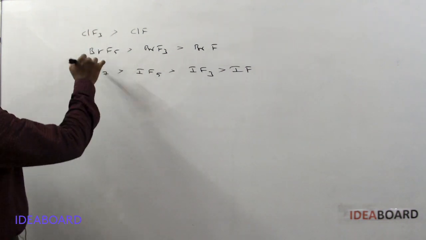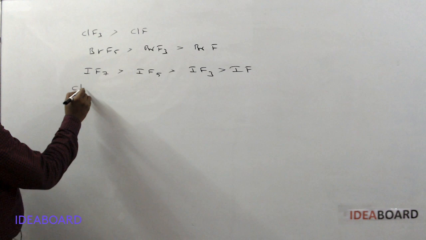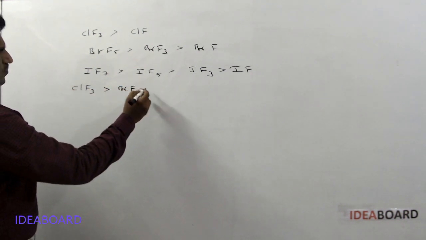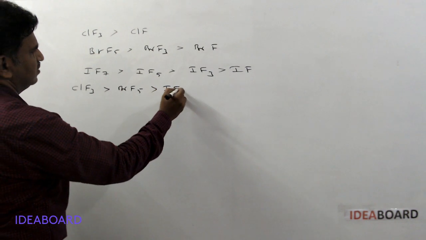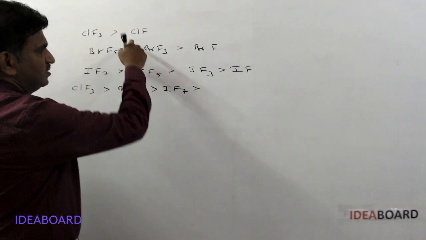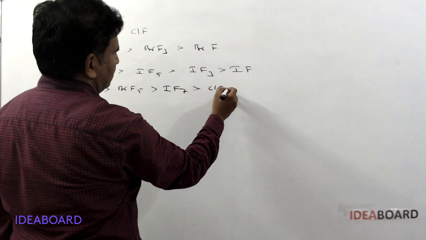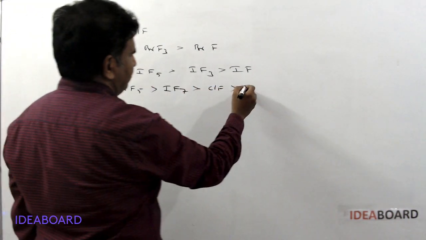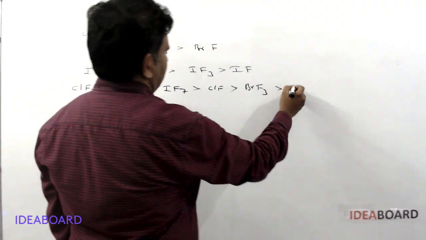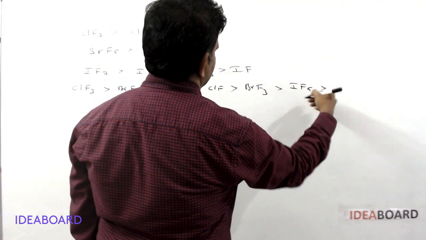Suppose these are present: ClF3 is more reactive than BrF5, which is more reactive than IF7. Next, ClF is more reactive than BrF3, more reactive than IF5.